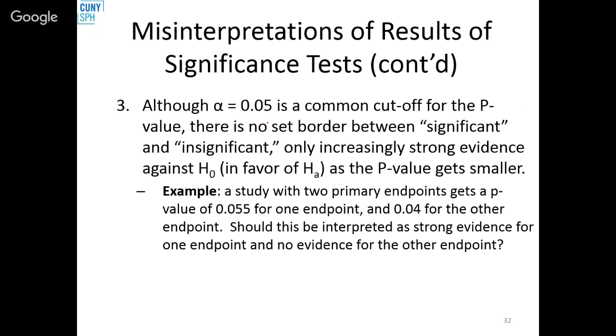It's actually pretty similar evidence for both of them, even though one fell just on one side of that cutoff and the other one just on the other side of the cutoff. And I would not really feel any more confident about the association with one of these endpoints than the other.